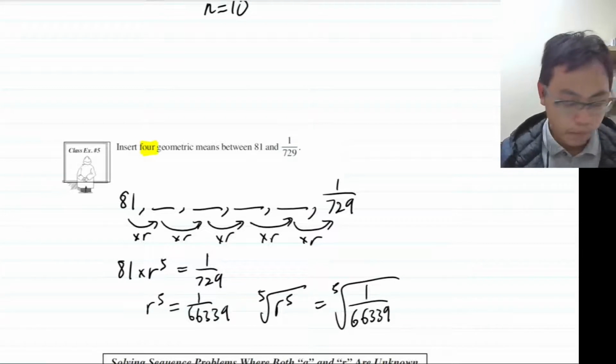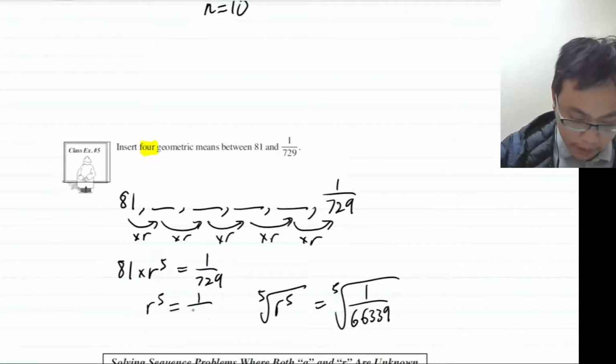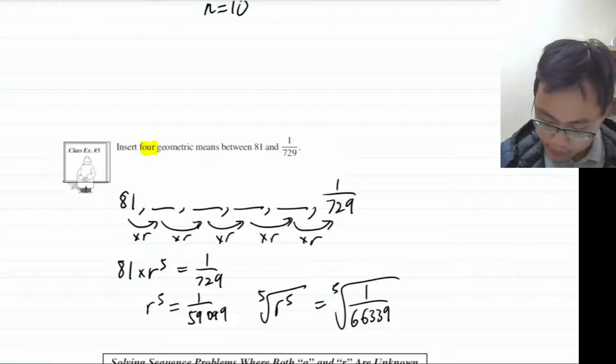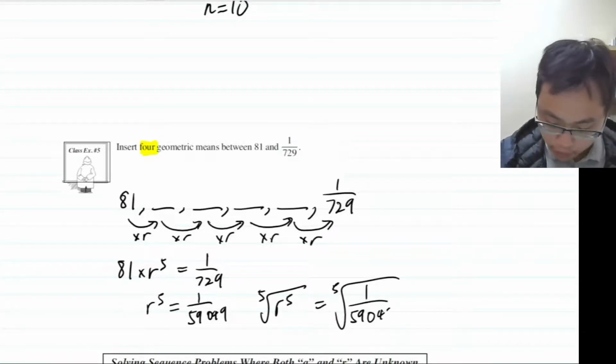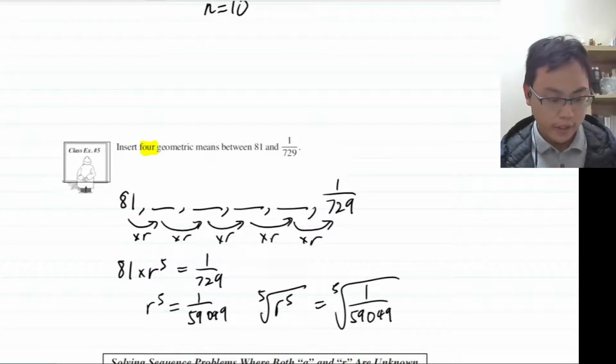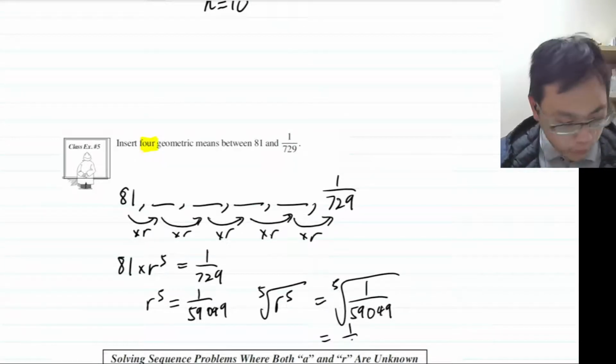Oh, I wrote down the wrong number. Sorry. This number over here is supposed to be 59,049. Let me go ahead and change this. 59,049. Now it should work. Sorry. The fifth root of 59,049, and we'll get the nice fraction of 1 over 9.